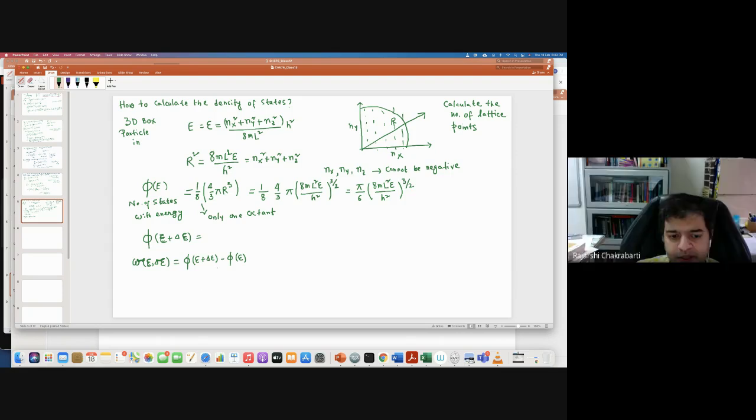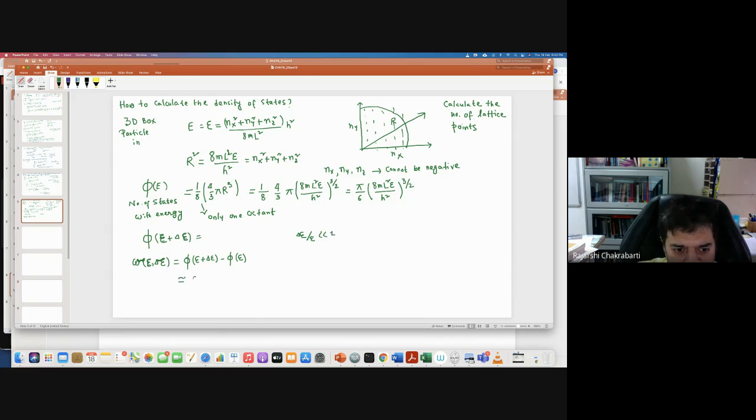Basically, you can think of the number of states with energy epsilon plus delta epsilon, also slightly less than epsilon, because the condition is that your delta epsilon by epsilon is very, very small. And what is this?